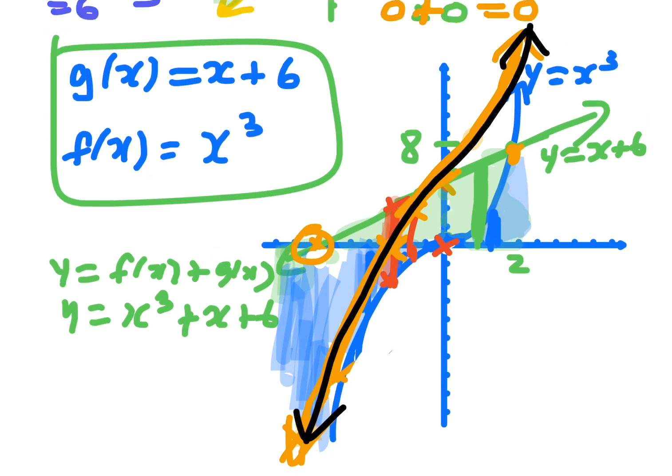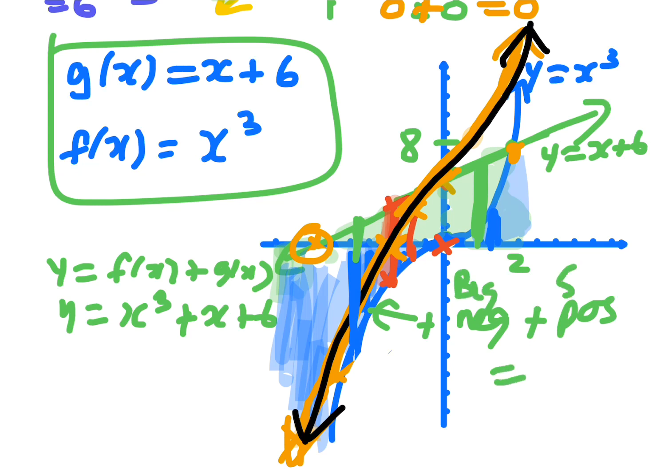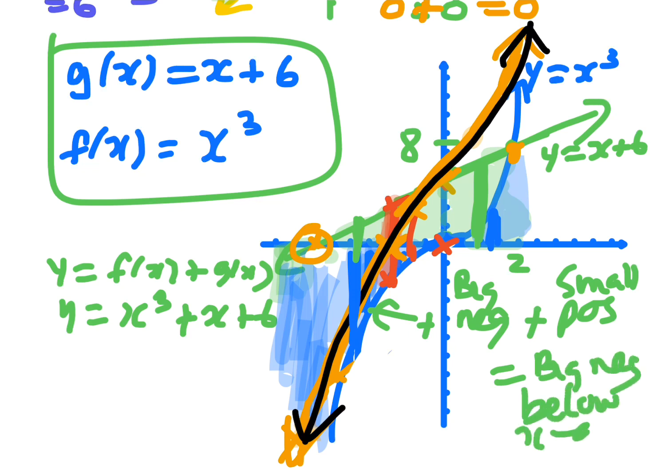So, any of these, you've got y value blue with y value green. And if one's positive and one's negative, depending on what's bigger, if it's a big negative plus a small positive, it ends up being a big negative, so that means it's below the x-axis.